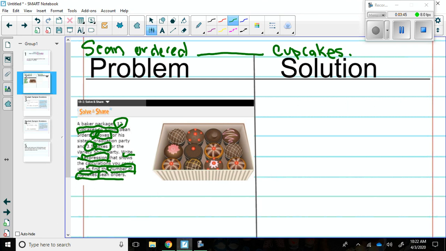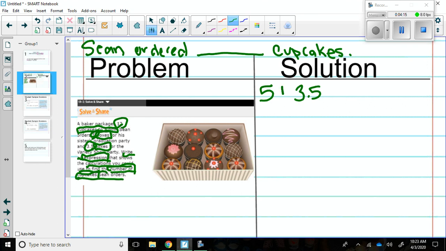Next, I want to envision and visualize this problem. So when I'm doing this, I'm thinking that for one party, Sean needs 5 boxes. His other party, he needs 3.5 boxes. So before I even get my total cupcakes, I want to figure out how many total boxes he needs in all.